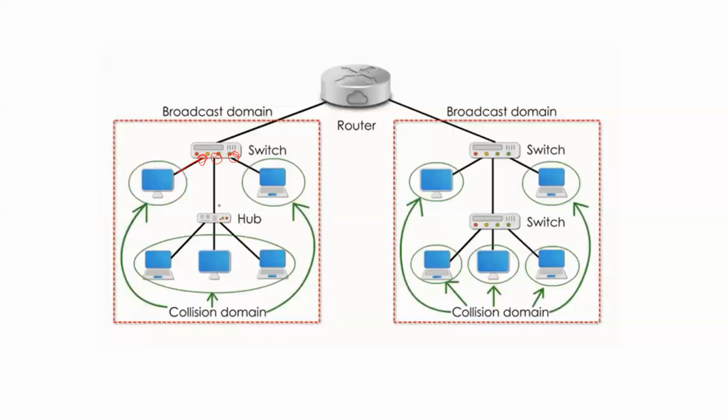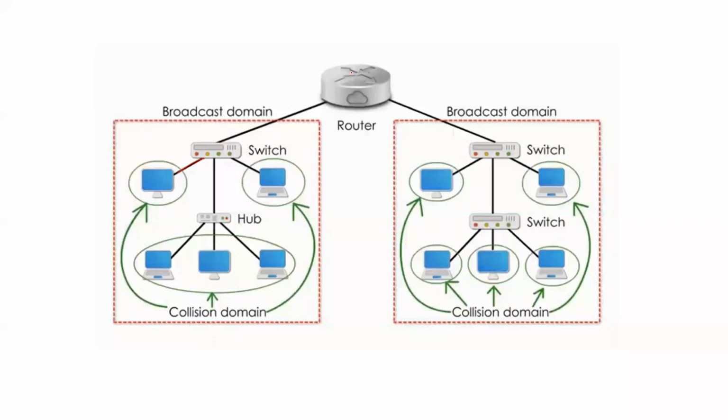For a hub, it doesn't matter how many computers are connected; everything connected to a hub comes under one collision domain. But in the case of a switch, the devices connected to each port belong to separate collision domains. Is it clear about collision domain?